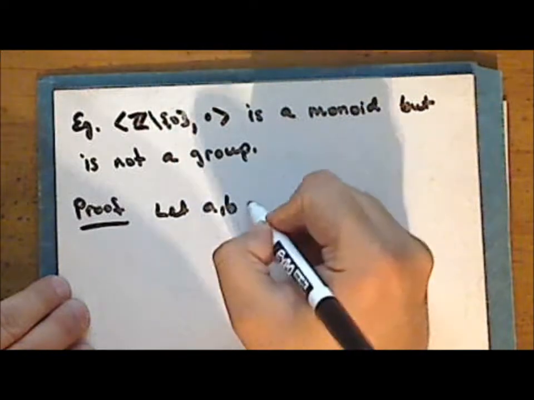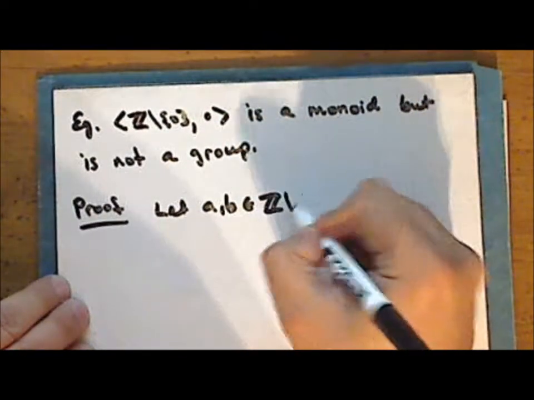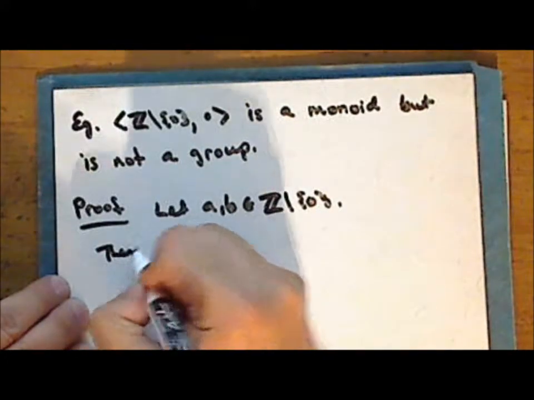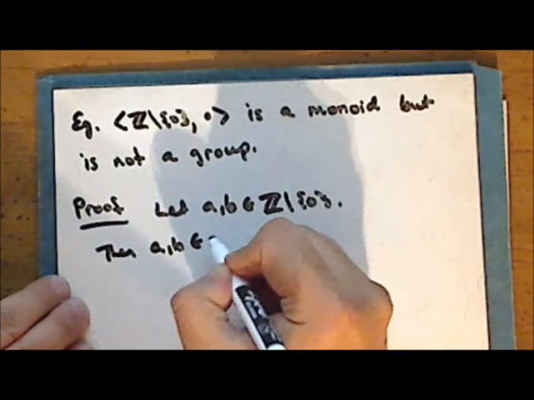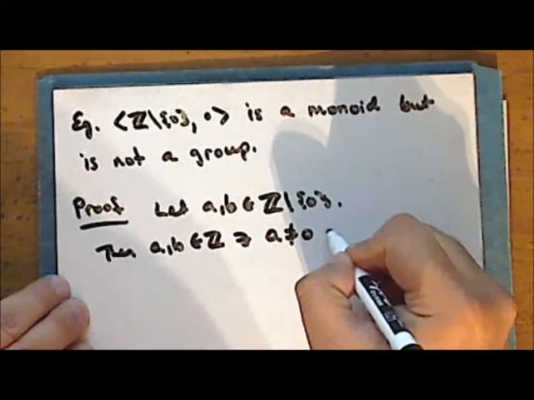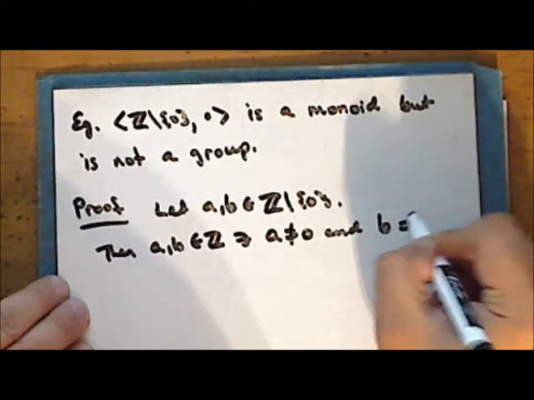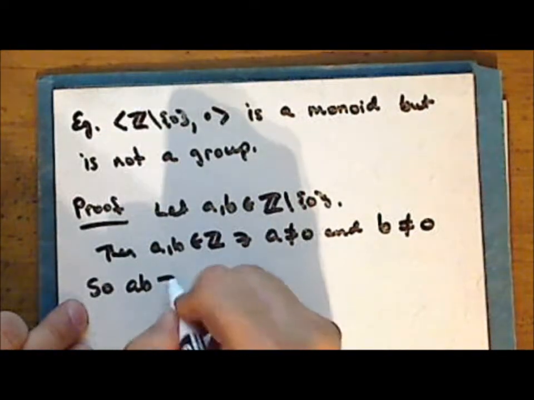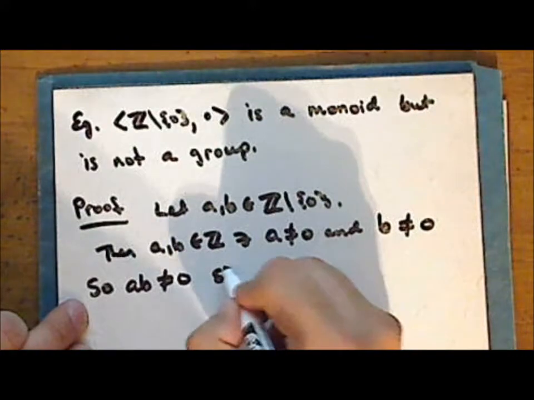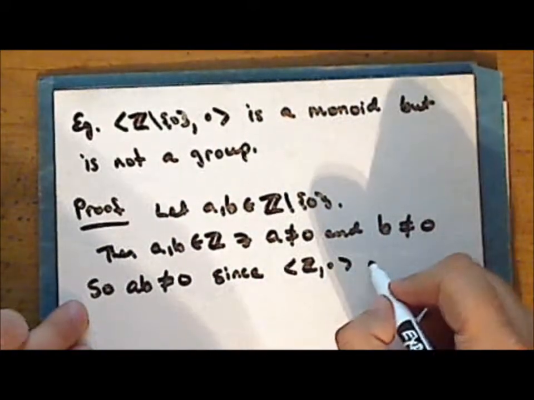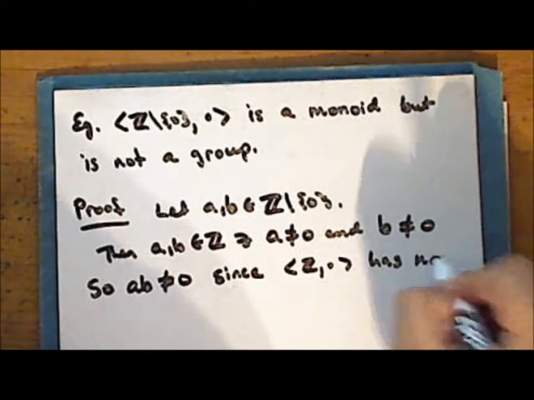Let A and B be in the set of non-zero integers. Then A and B are integers such that A is not equal to 0 and B is not equal to 0. And so the product, A times B, is not equal to 0, since the integers under multiplication has no zero divisors.